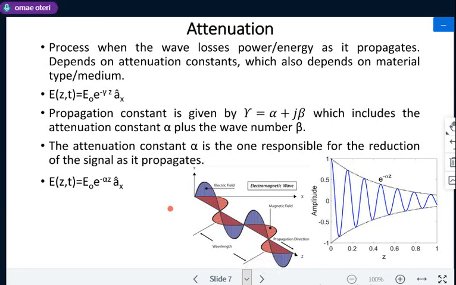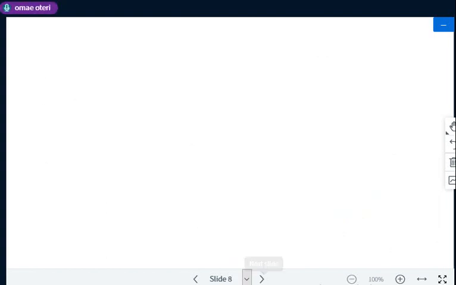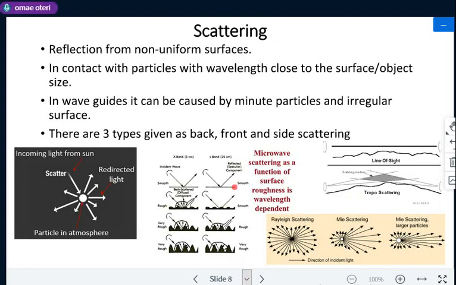I think I was able to explain this. We'll be able to see the importance of that later as well when it comes to propagation modeling.